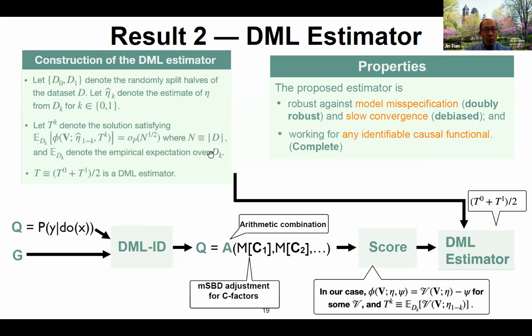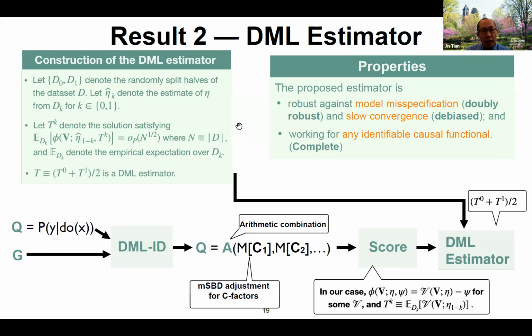Now, based on the score, we will construct a DML estimator. Here phi is the score we derived. It satisfies the property that it can be expressed as this function, known as the uncentered influence function, minus your target estimate. So the estimator can be constructed by computing the empirical expectation over the uncentered influence function.